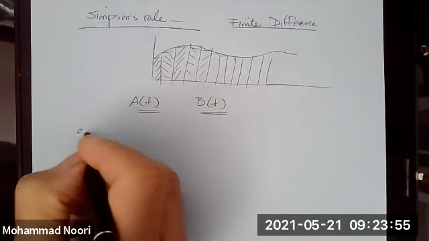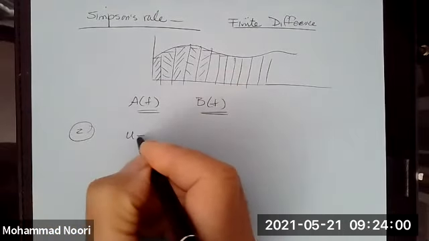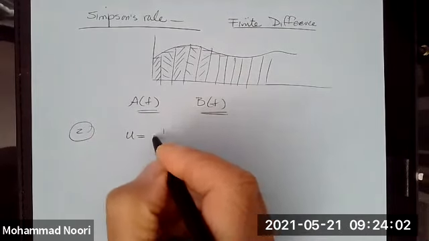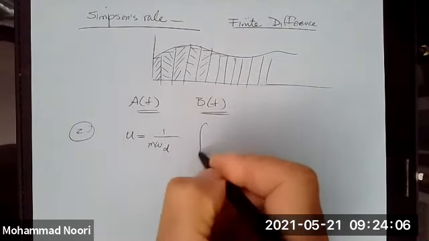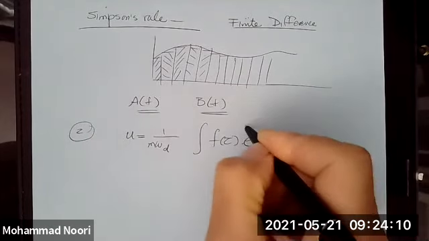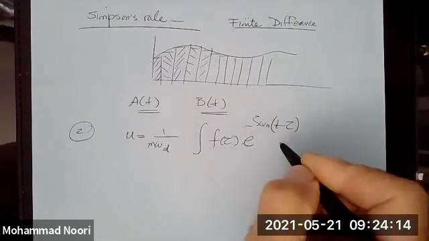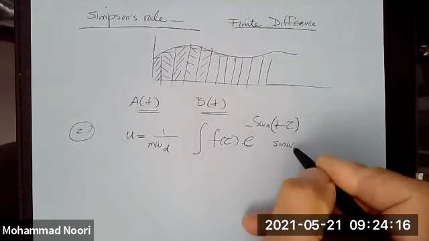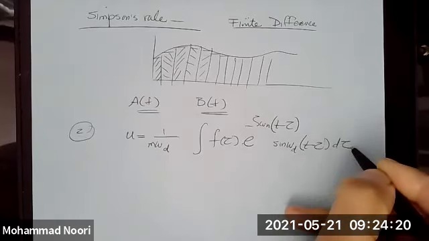Therefore, it is possible to evaluate the numerical Duhamel integral for any kind of general loading function, even for the case of a damped system, where of course the integral is more complicated. You have f(τ) times e^(-ζωₙ(t-τ)) sin ωd(t-τ) dτ.